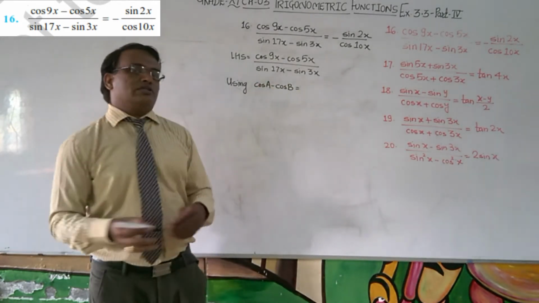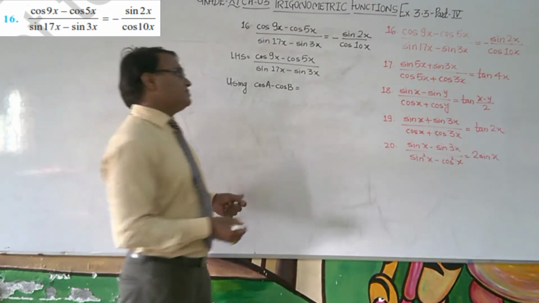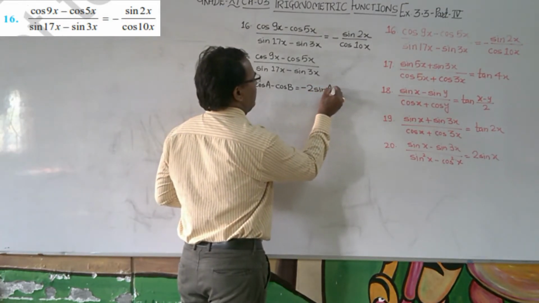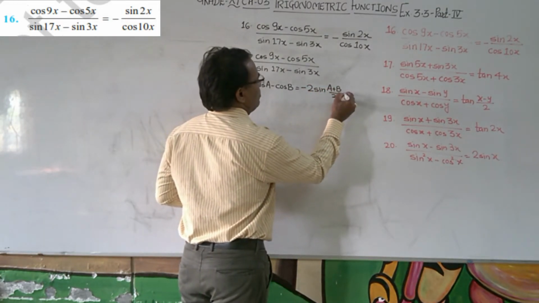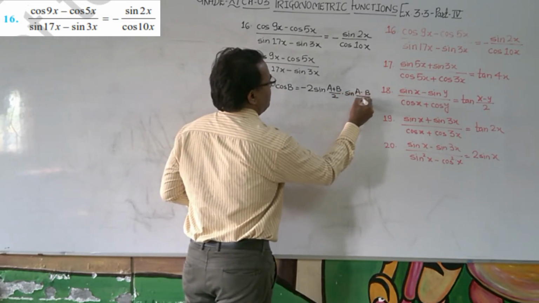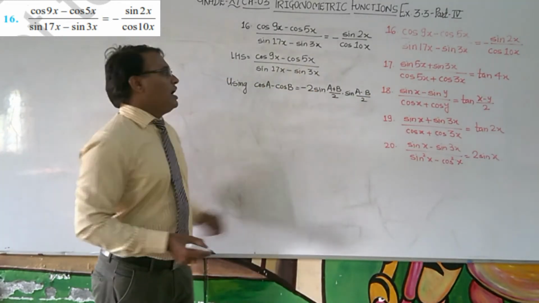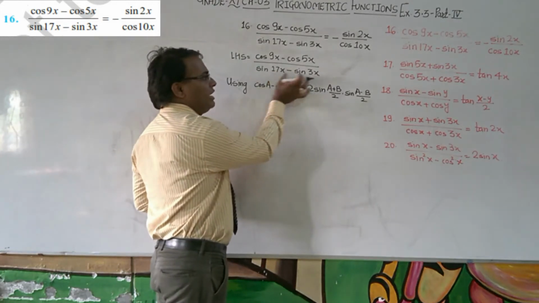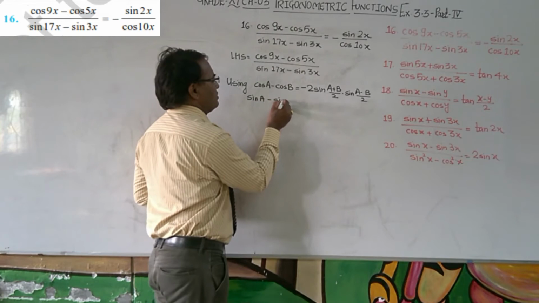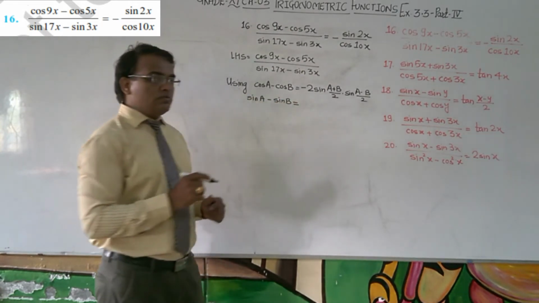And I know that you must have remembered this formula. What is cos A minus cos B? It is minus of 2 sin (A plus B) upon 2 into sin (A minus B) upon 2 in numerator. Okay, and here it is sin A minus sin B. What is sin A minus sin B equal to?